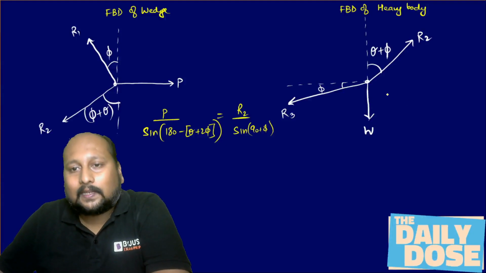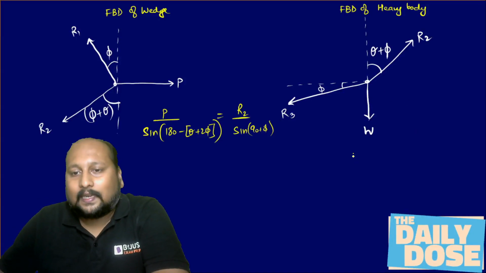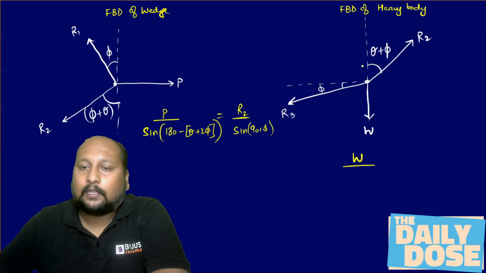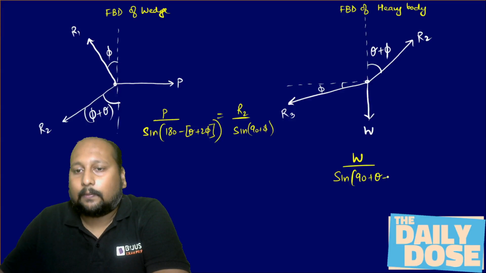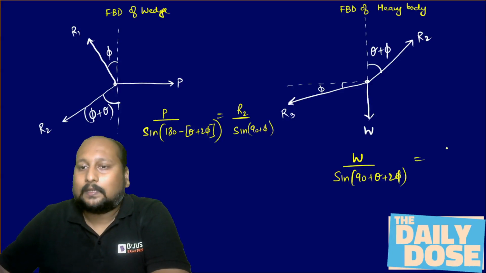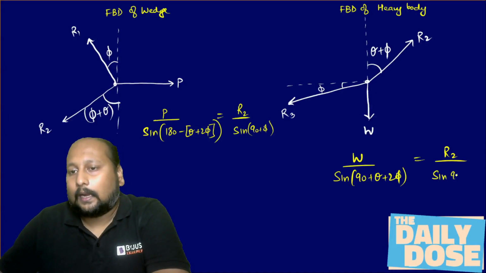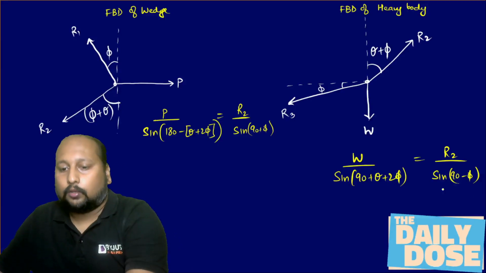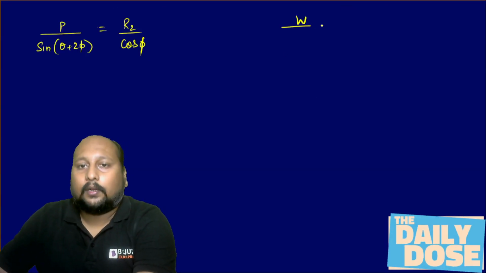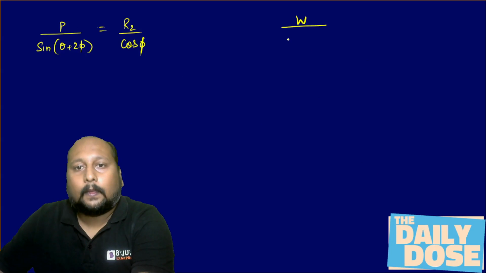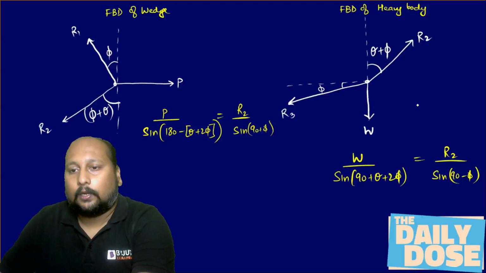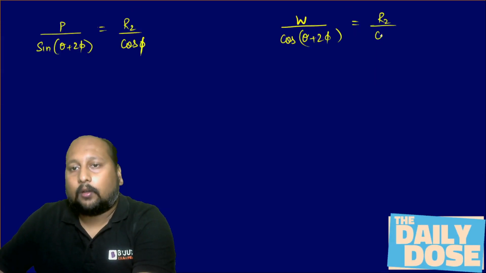Now let us do the analysis of the heavy body. Apply Lami's theorem over here. W divided by sine of 90 plus theta plus 2 phi is equal to R2 divided by sine of 90 minus phi. Rewriting this equation, W divided by cos theta plus 2 phi is equal to R2 divided by cos phi.